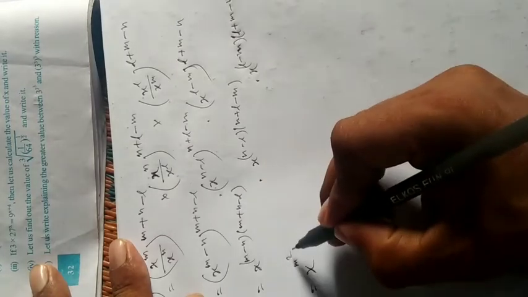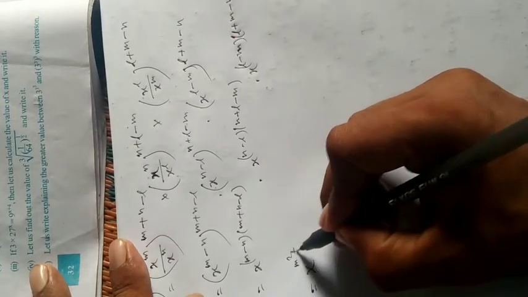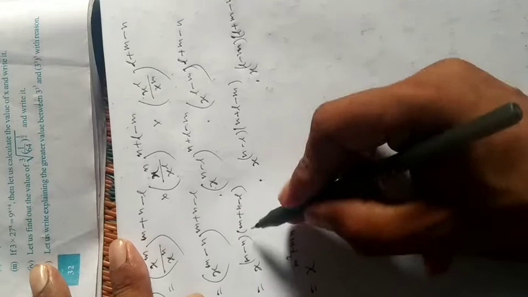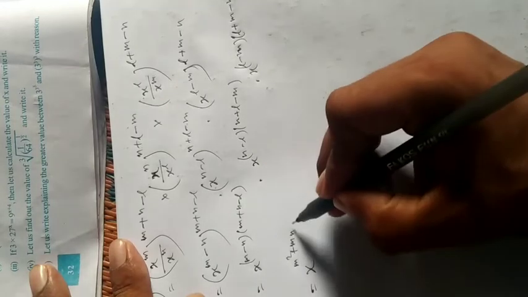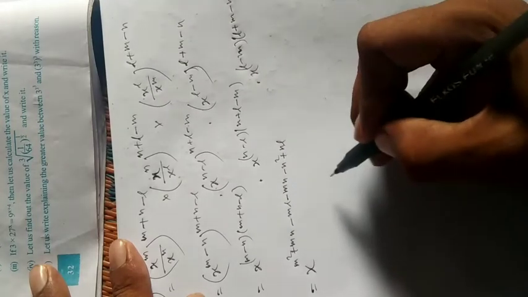m square plus mn minus ml minus mn minus n square plus nl. Okay.